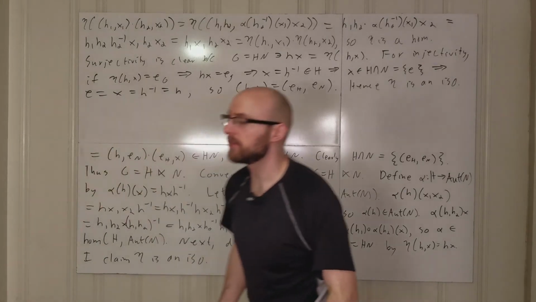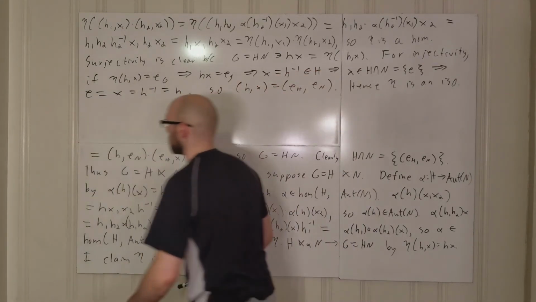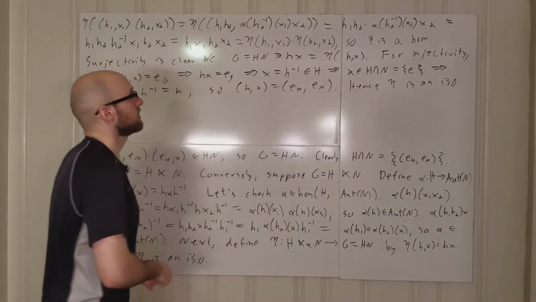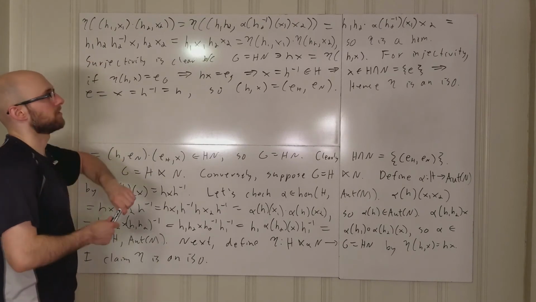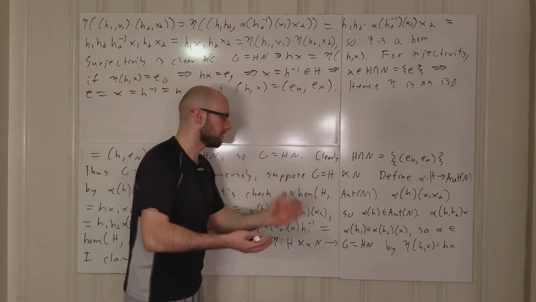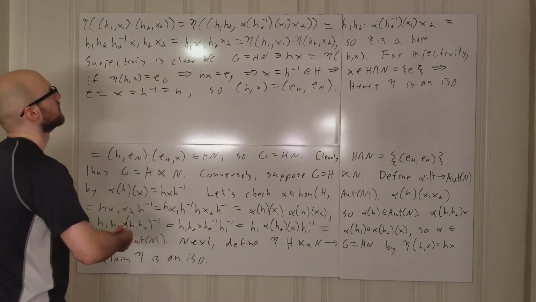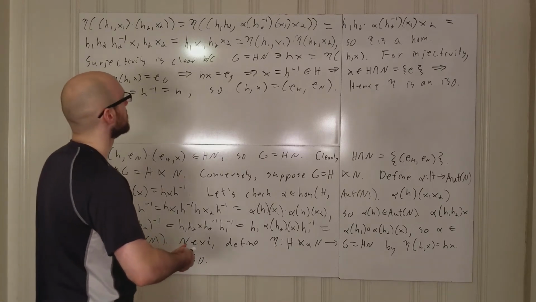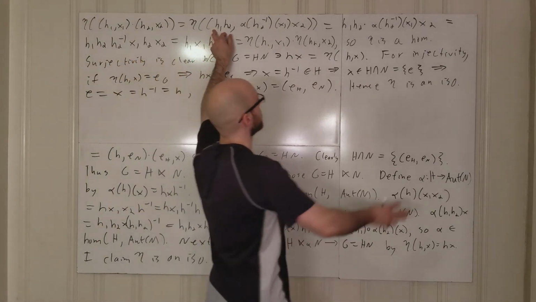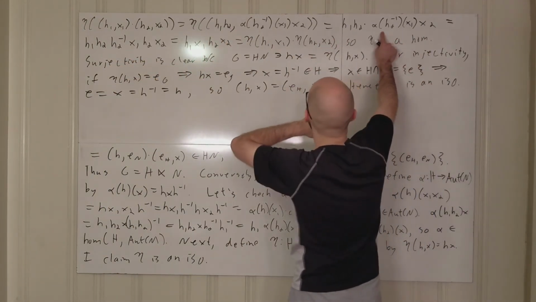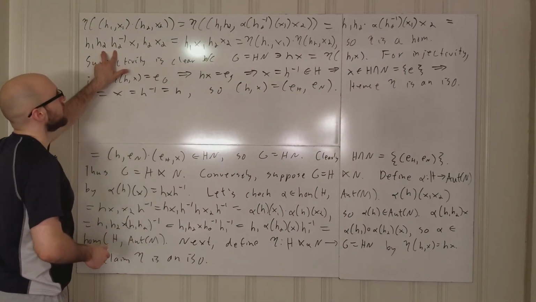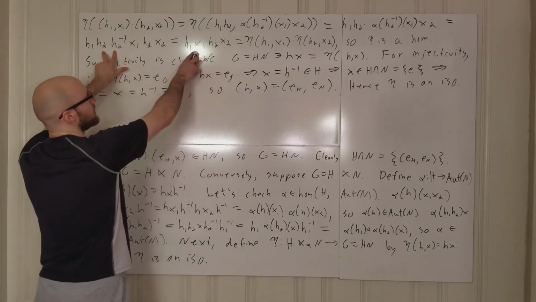Now that I have an extra minute or so, I think somehow I managed to speed through this really quickly. I think the really interesting thing about this proof is in this calculation, because this shows you the group action relation between the two groups here. What's happening is, where this product comes from is if you multiply it together, and this happens to be conjugation, then that allows you to get rid of this h2, and you get to take this x1 and bring it over by the h1.